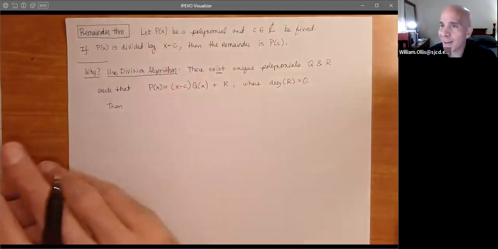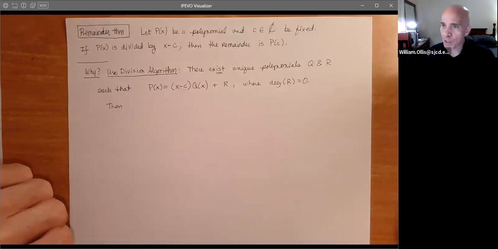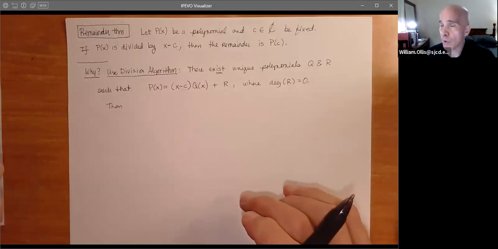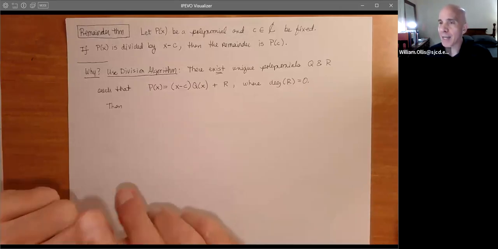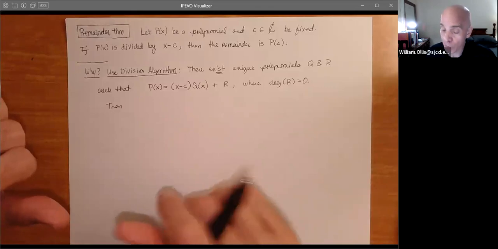So we look at the division algorithm as being a big hammer, because it illuminates all these other ideas. But the big hammers take the most effort to prove. Once you get that proof, you have this nice result. It's kind of like the fundamental theorem of calculus is a big hammer because it helps you solve so many problems. That's why they call it the fundamental theorem of calculus.